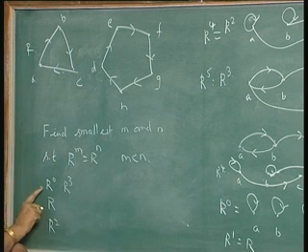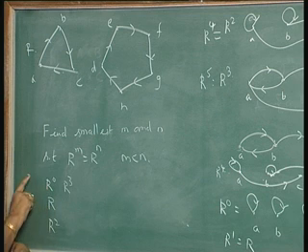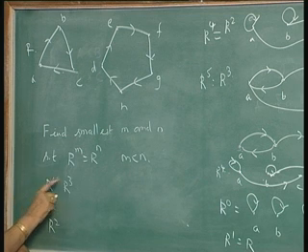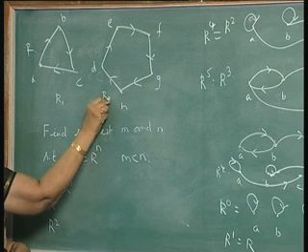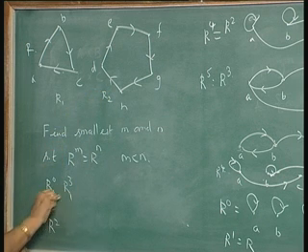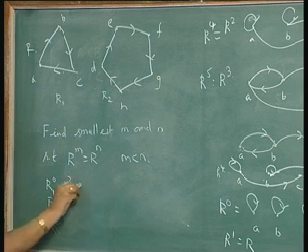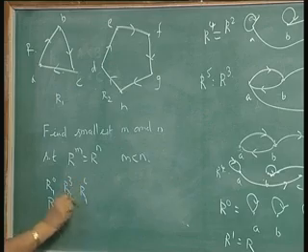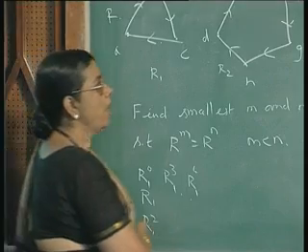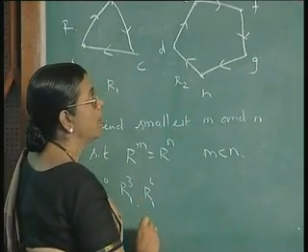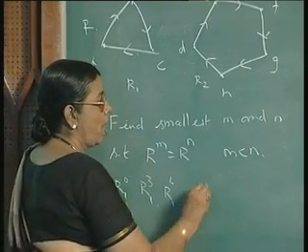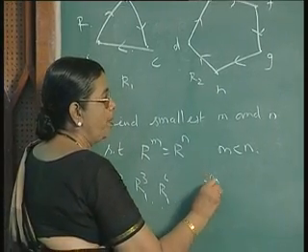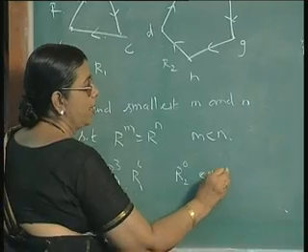The first component repeats after 3 steps. R0 will be equal to R cubed. I will call this R1 and R2. So, R1 will repeat after 3 steps. Now, the same argument you can use for the second component also. R20 will be the equality relation.